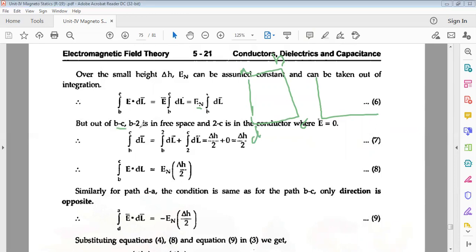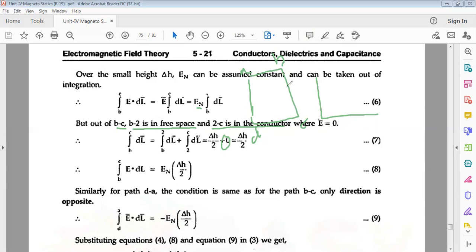But B to 2 is in the free space and 2 to C is in the conductor, where E bar is equal to 0. Because B to 2 is in the dielectric and 2 to C is in the conductor, the second term becomes 0 here. Delta H by 2 only. Got it? So integral B to C dl bar is delta H by 2.